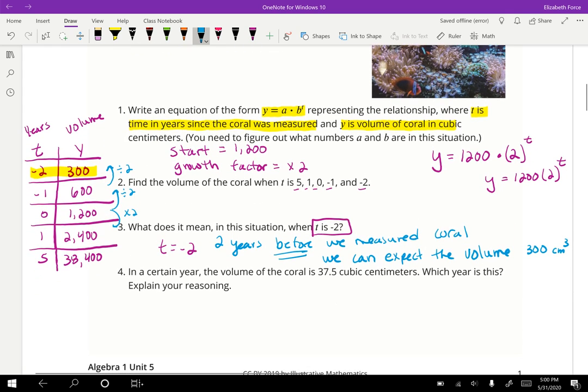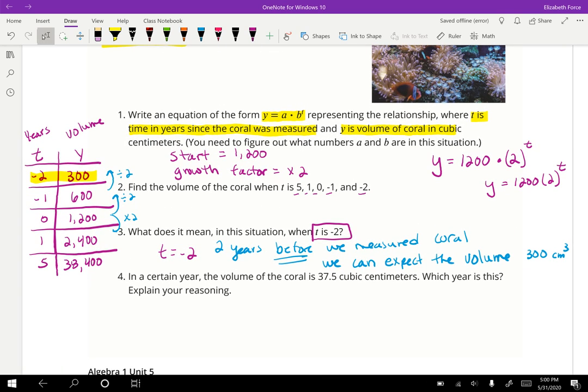So now let's move on to number 4. In a certain year, the volume of the coral is 37.5. So at some time, put a little question mark there, the volume is equal to 37.5. Remember, y is the volume. t is your time, or your x.